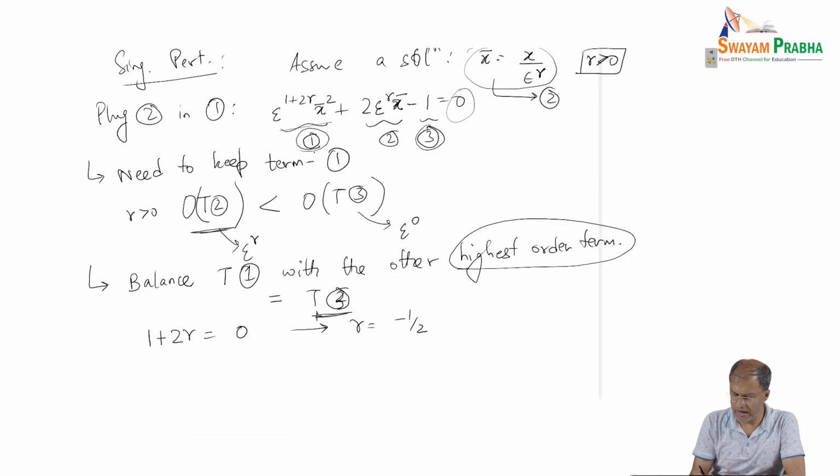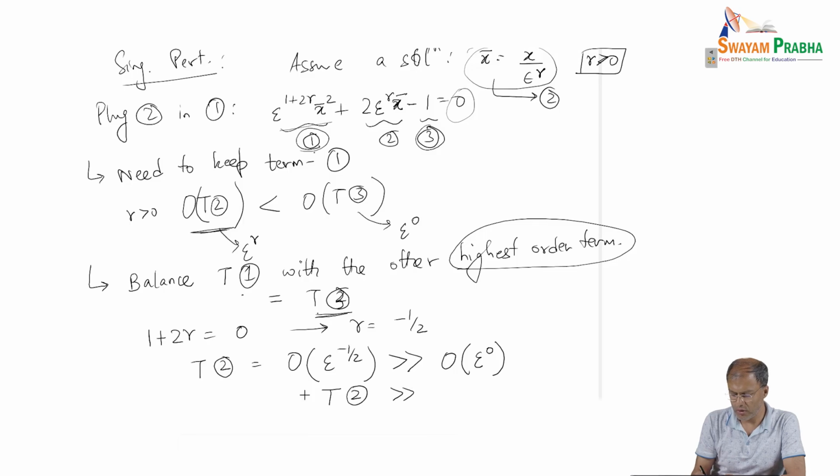If we had balanced term number 1 with term number 3, then let us see what is term number 2. So term number 2 is of order epsilon to the power minus half, right? So that is certainly of order which is higher than order epsilon to the power 0. So what we are getting is the order of term number 2 is greater than order of term number 3. So something strange is happening, right?